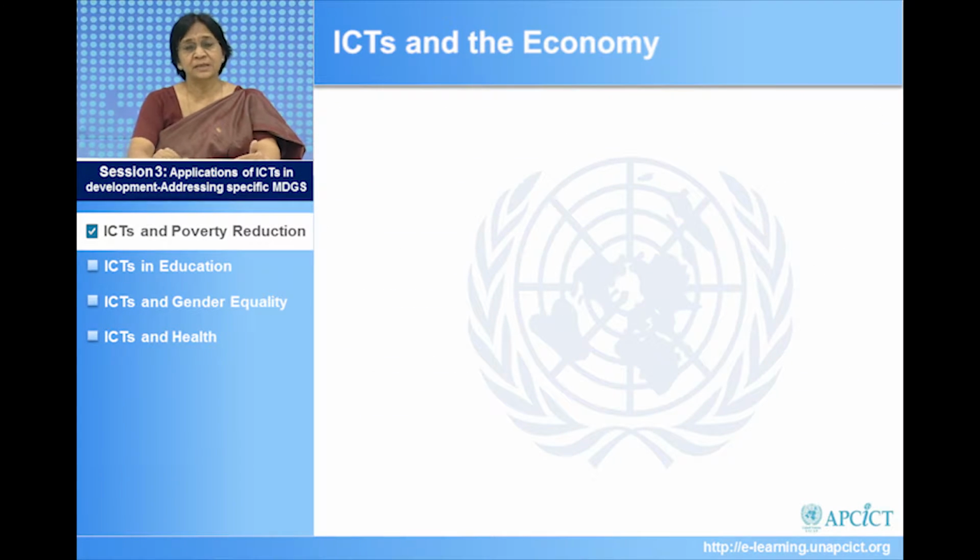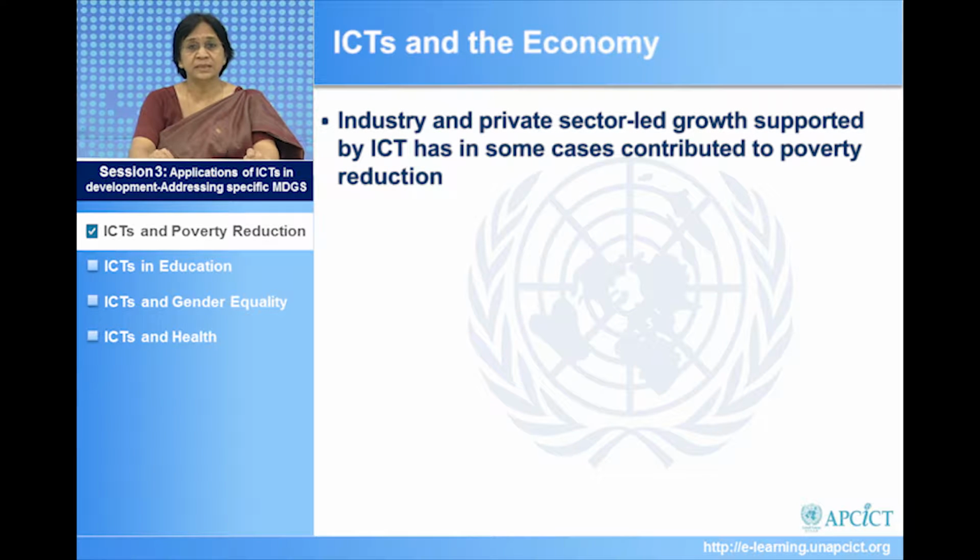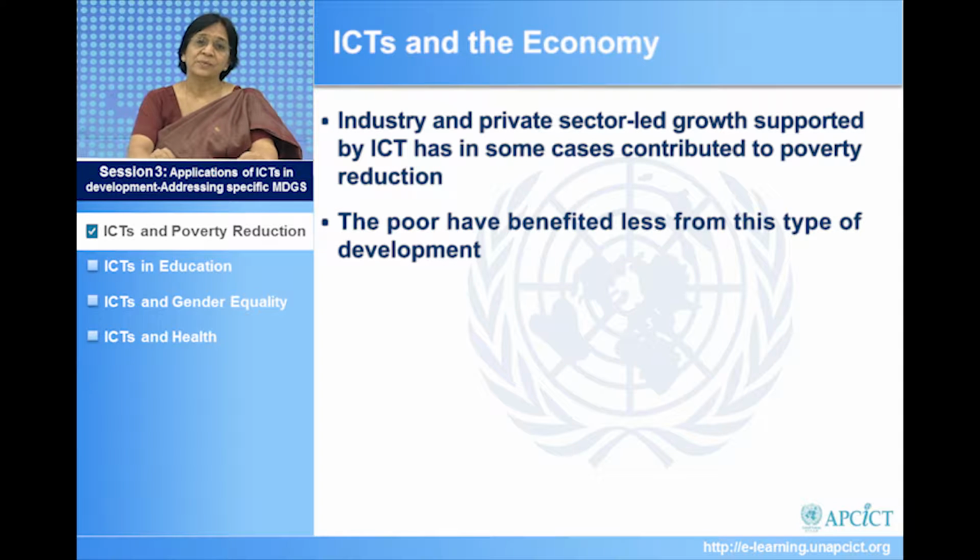Having said that, it is important to recognize that in some cases, industry and private sector-led growth supported by ICTs has contributed to poverty reduction. But the fact is that the government remains a major stakeholder in poverty reduction strategies, and the poor have benefited less from the type of development that ICTs have had upon the economy.